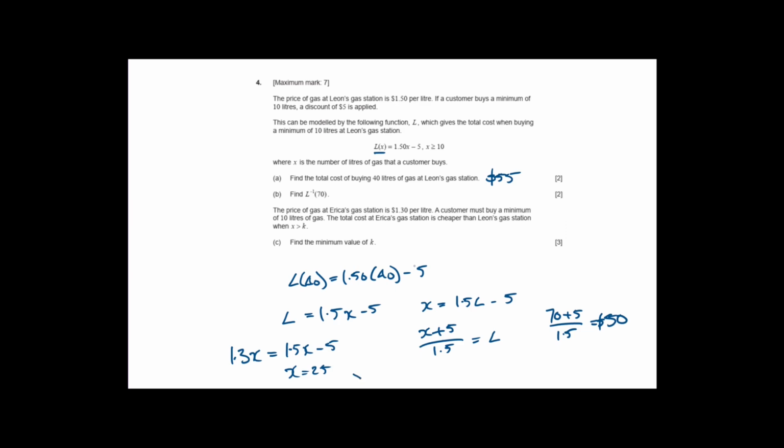So therefore X must be greater than K, which is 25. So K equals 25. And that's our final number. As long as we buy more than 25 litres of gas, it's fine.